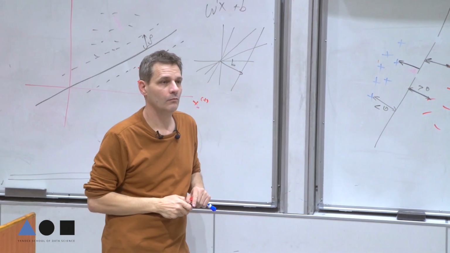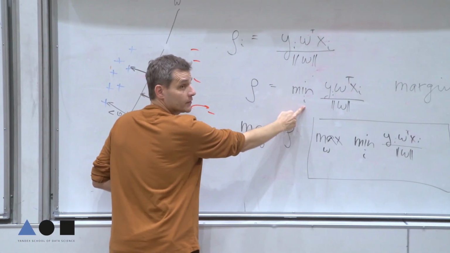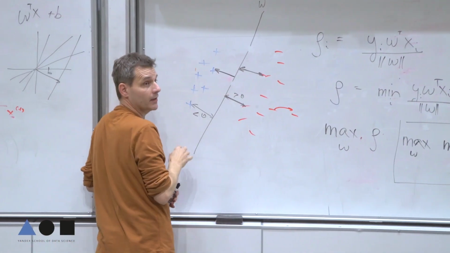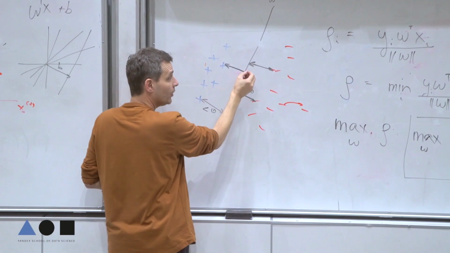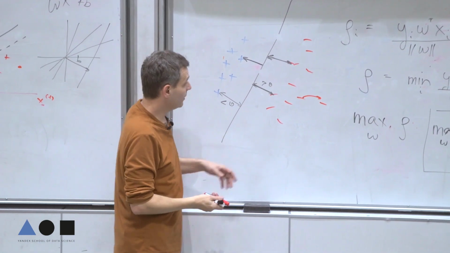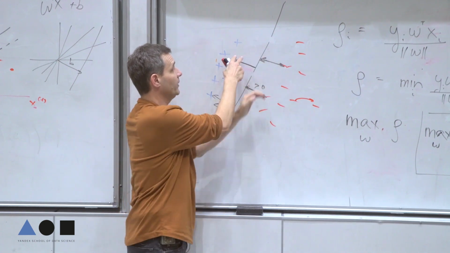This says we're going to find the closest ones, either from the negative class or from the positive class, and we want to maximize the distance to the nearest ones. And of course, you don't only push away from the negative ones, because then your margin on the other side is going to be too small.